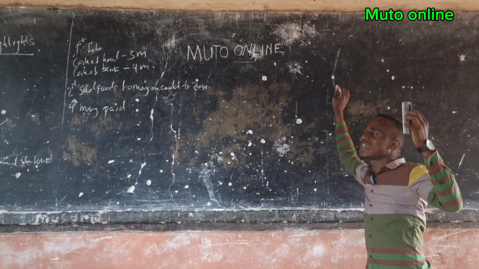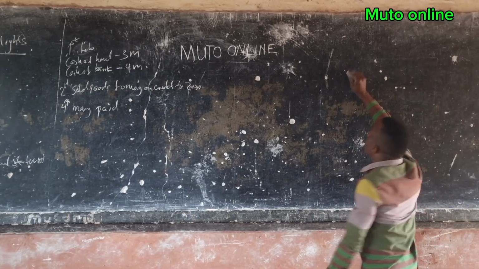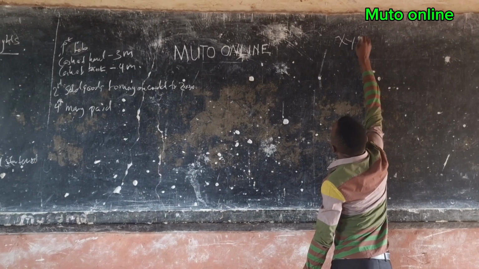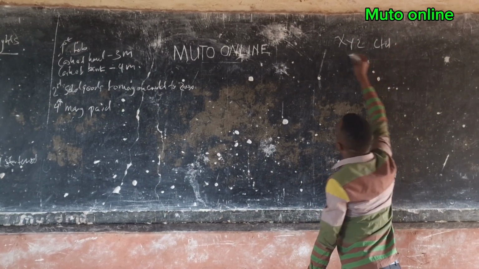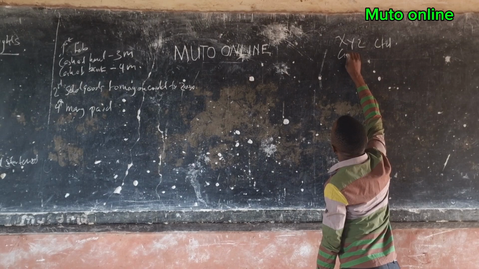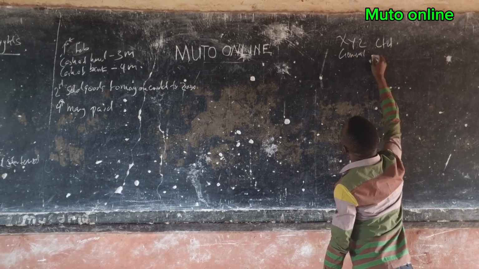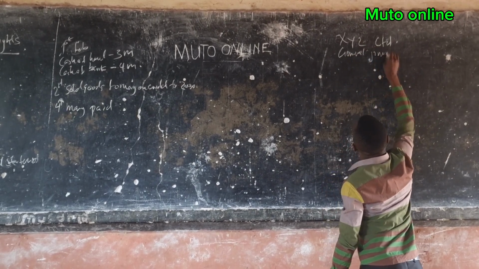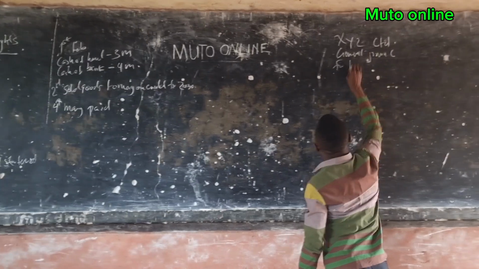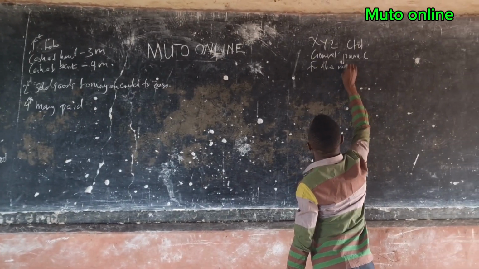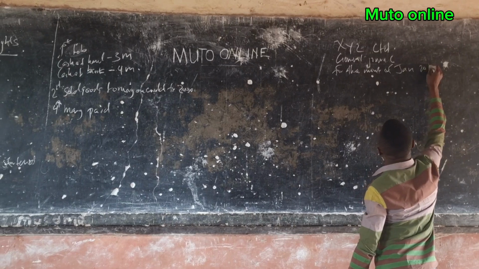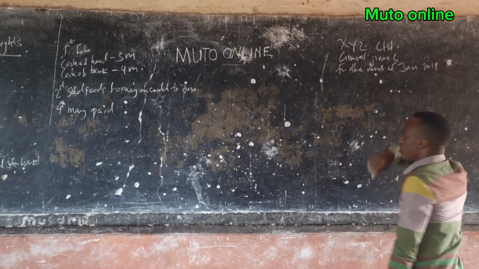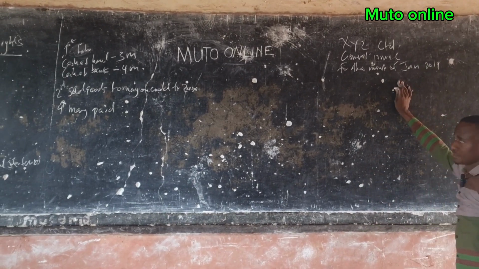Remember in our previous example, that business belonged to XYZ Limited. General journal for the month of January 2019. So that is a mark.